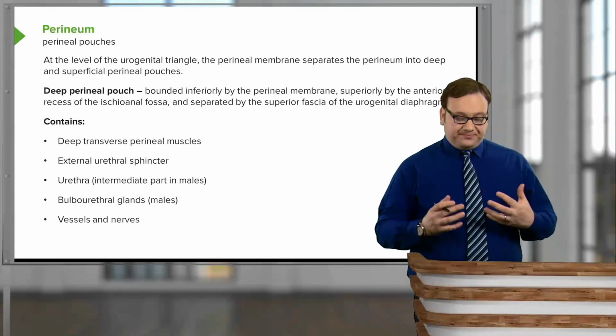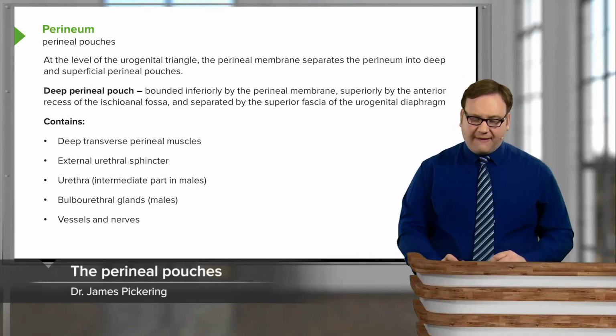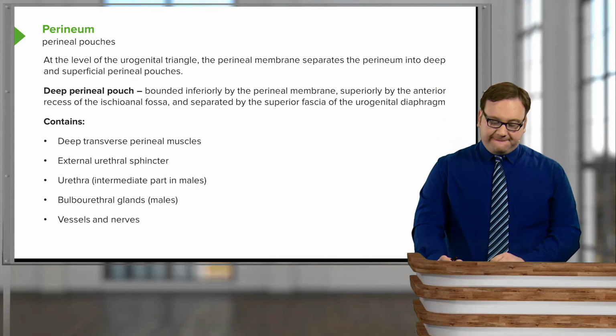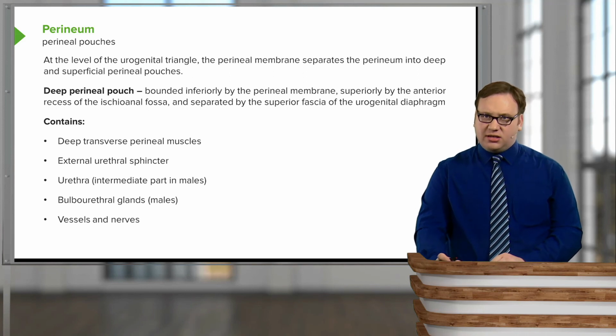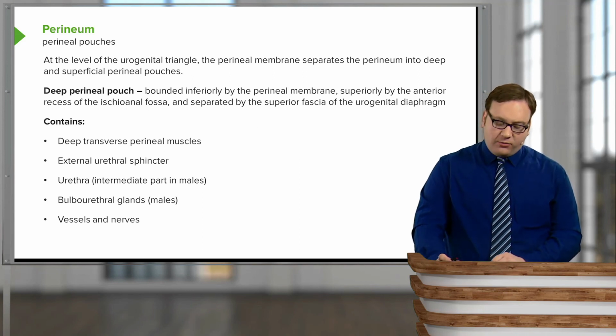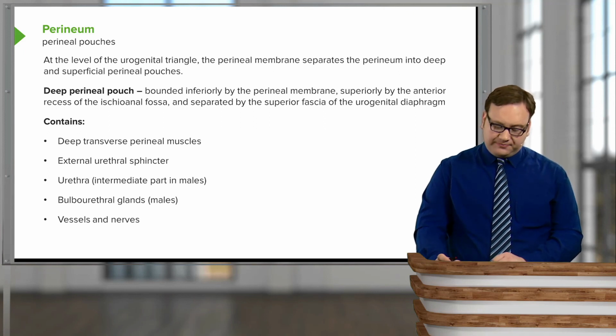So now let's turn to the perineal pouches. The perineal pouches are found within the urogenital triangle. And within the urogenital triangle, we have the perineal membrane. And that separates the perineum into these deep and superficial perineal pouches.